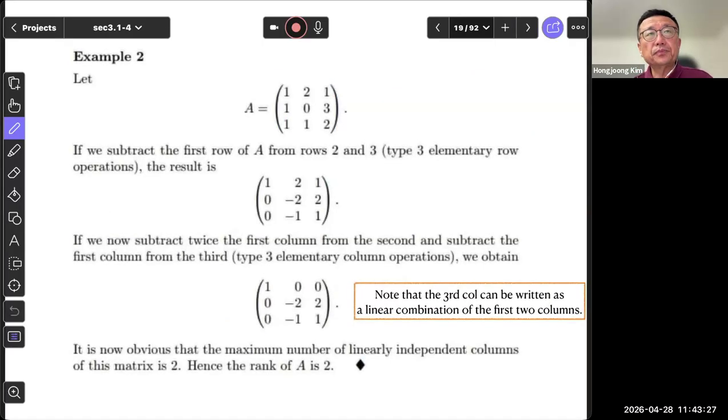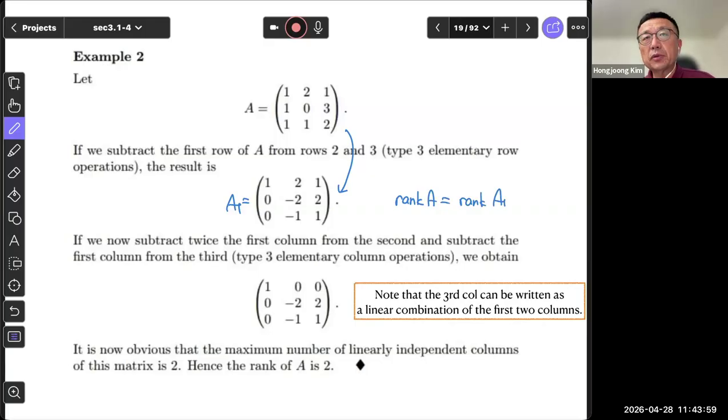In example 2, given A, if I subtract the first row of A from row 2 and row 3, you get this matrix. So by performing two elementary row operations, you get this second matrix. Then, since elementary operations were performed, if I call this A1, then rank of A and rank of A1 will be the same.